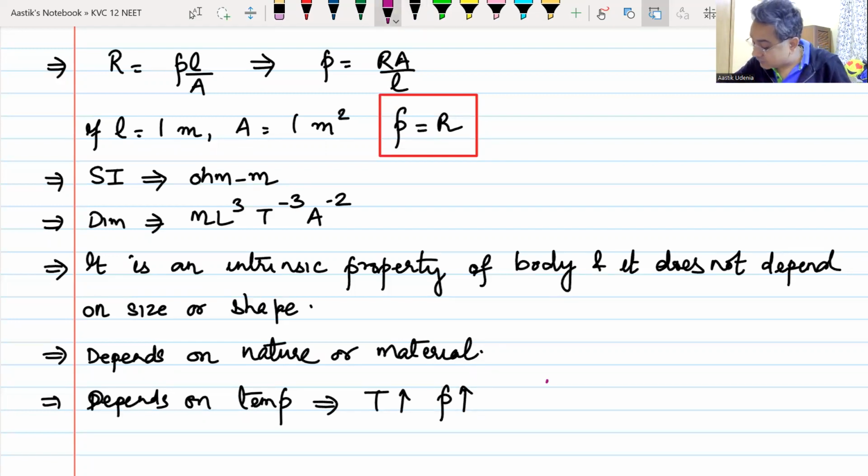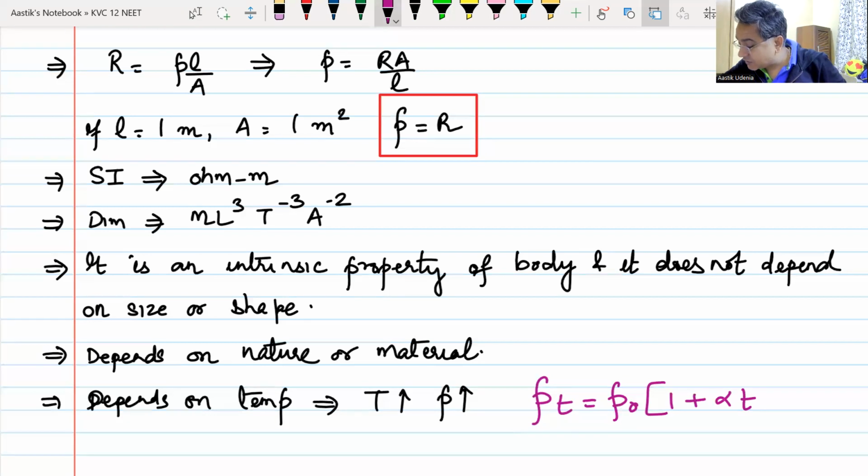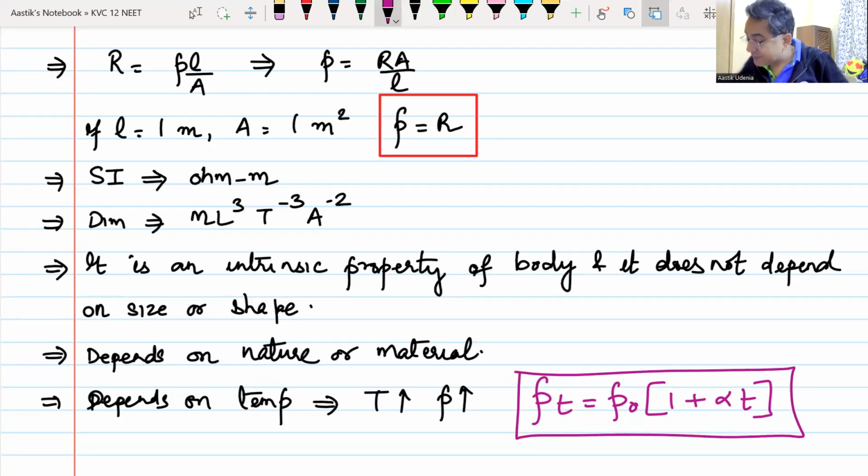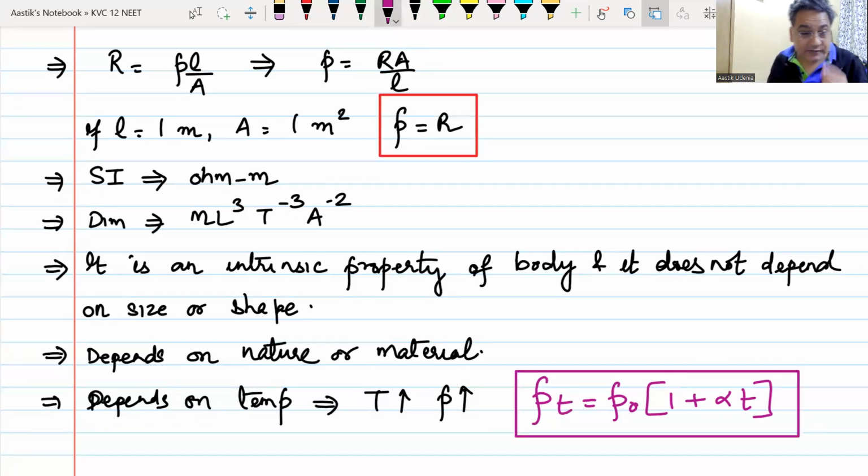And if I tell you the formula of resistivity, resistivity at temperature T will be equal to rho naught, the resistivity at 0 degrees Celsius, into 1 plus alpha into T. So you can see this formula is exactly similar to the formula of resistance. In fact, you must understand that it is the formula of resistivity. From this formula of resistivity, we get the formula of resistance that we saw in the previous class.